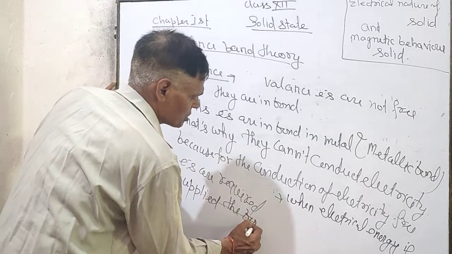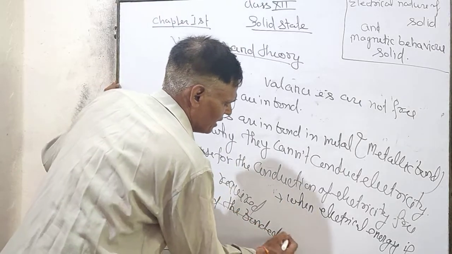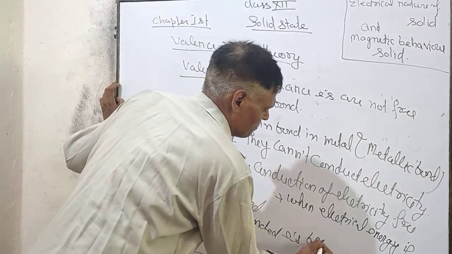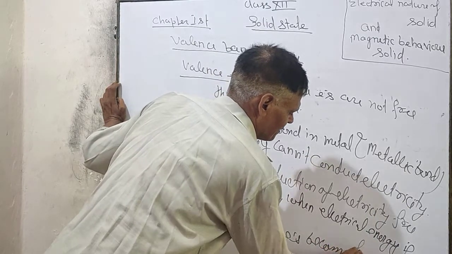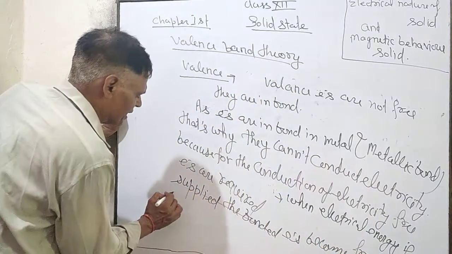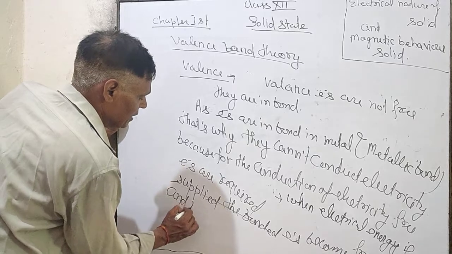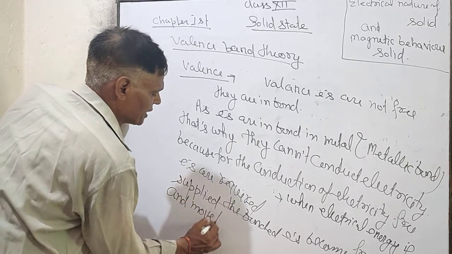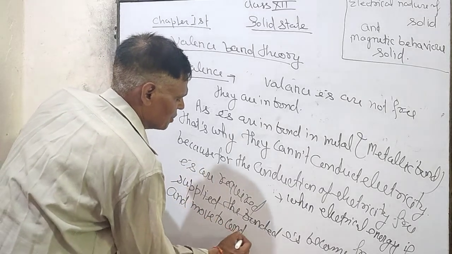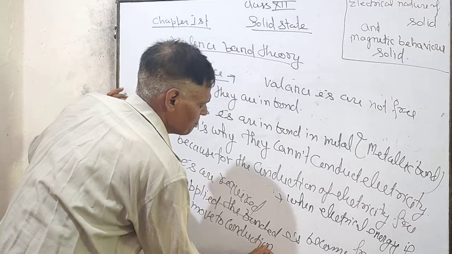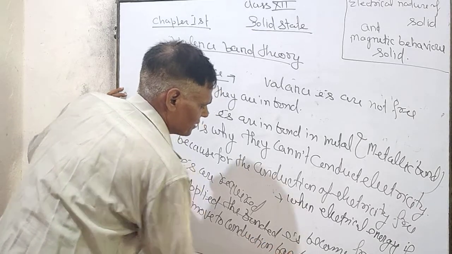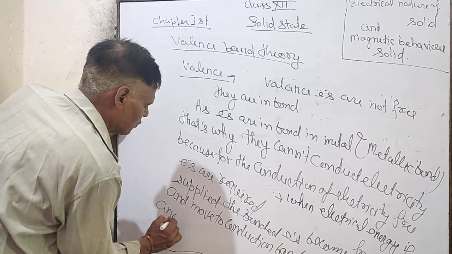the bonded electrons become free and move to the conduction band. And current flows.